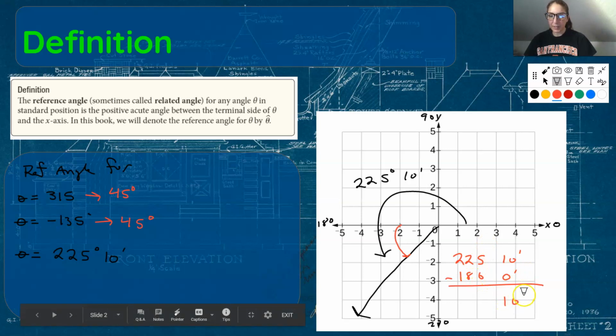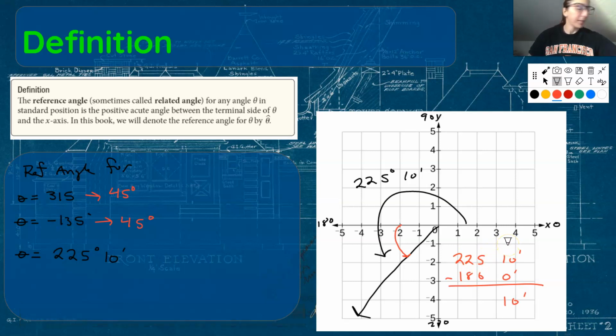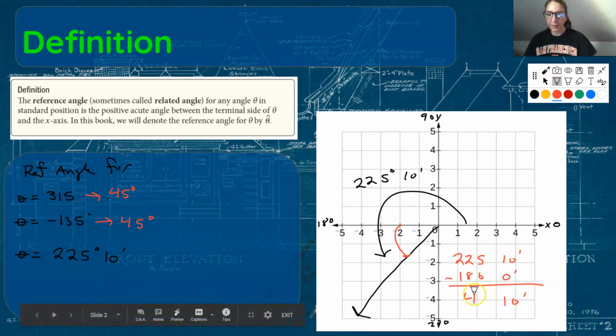So we would still get 10 minutes here, and 225 minus 180 is going to be, sorry guys, coffee hasn't quite kicked in yet. Ah, yes, of course, it's our favorite angle, 45. So this would be 45 degrees, 10 minutes.